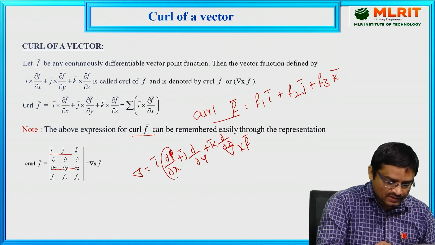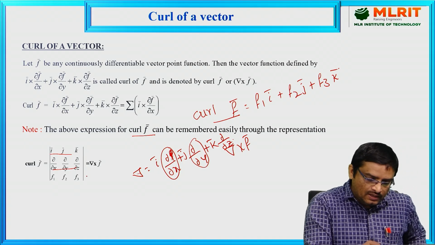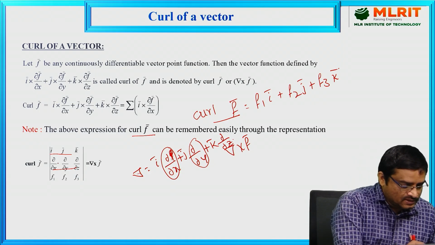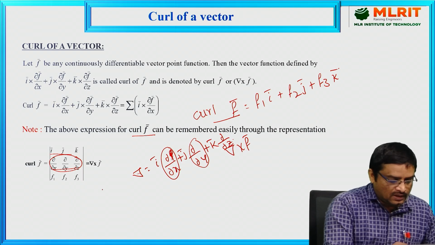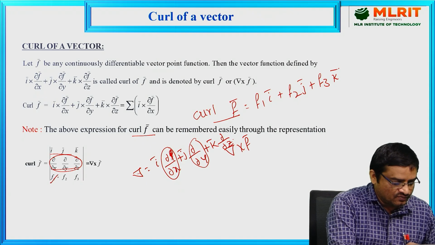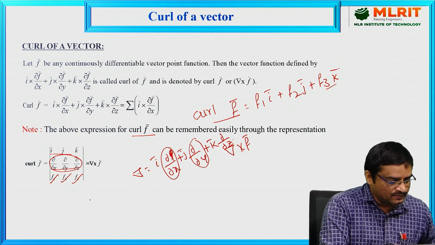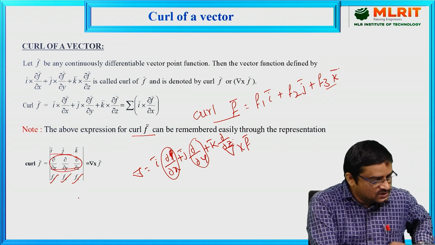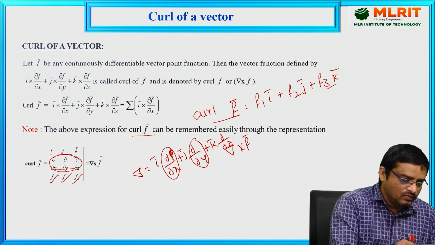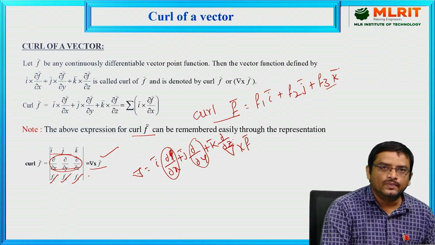So the i bar coefficient in the del operator is dou by dou x, the j bar coefficient is dou by dou y, and the k bar coefficient is dou by dou z. Replace those coefficients in the second row, and now go to f bar. In f bar, the i bar coefficient is f1, the j bar coefficient is f2, and the k bar coefficient is f3. Now we know how to find the determinant of this. Whatever determinant value we get, we consider it as the curl f bar value, which is represented with del cross f bar.